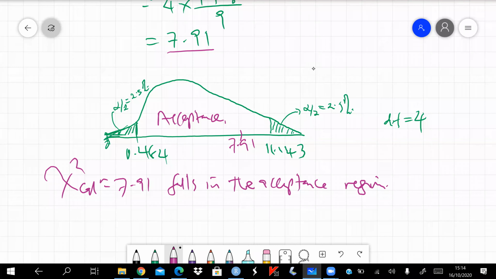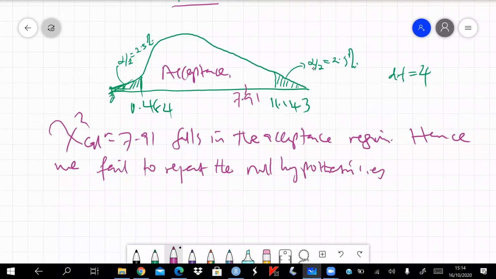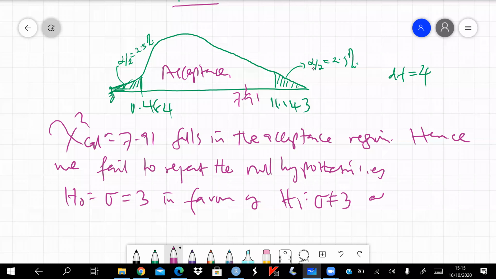So hence, what do we do to the null hypothesis? Hence, we fail to reject the null hypothesis, that is H naught that sigma is equal to 3 in favor of H1 that sigma is different from 3 at the 5% level of significance.